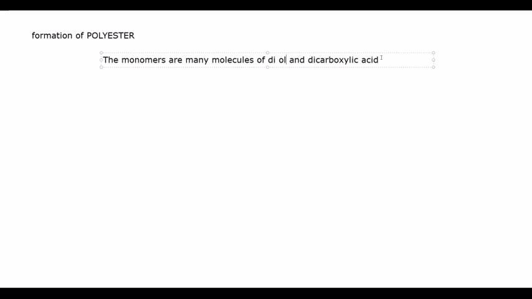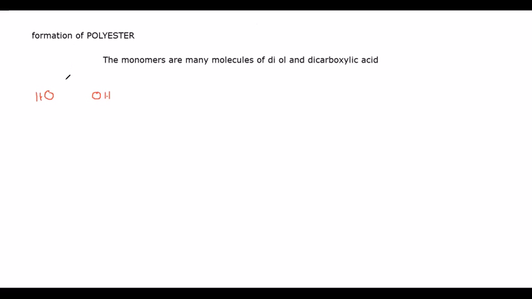So if I want to draw the structure of diol, di means two and ol means alcohol, so two OH groups will be there. But between them there's a carbon chain, so we cannot just draw a line. If I draw a line, it means oxygen bonded with another oxygen directly. But there's a carbon chain.